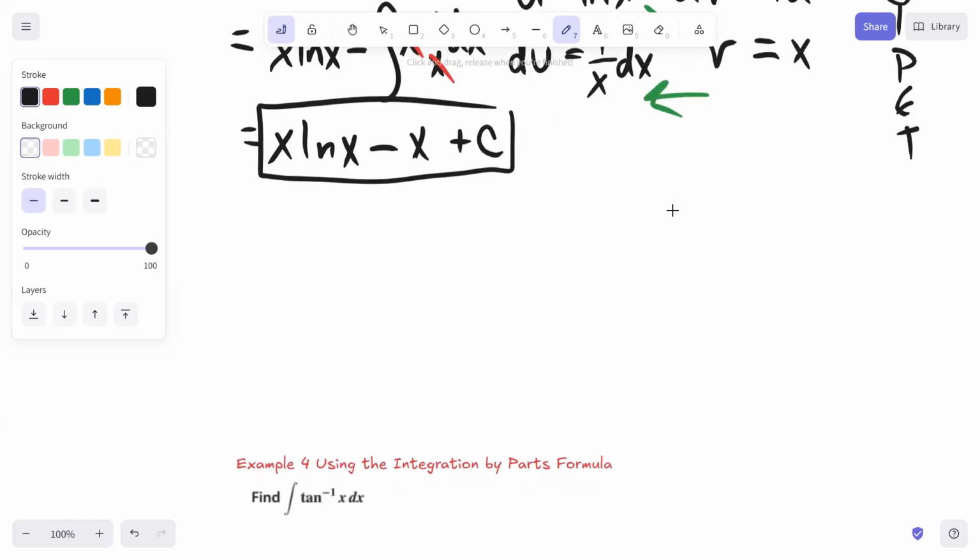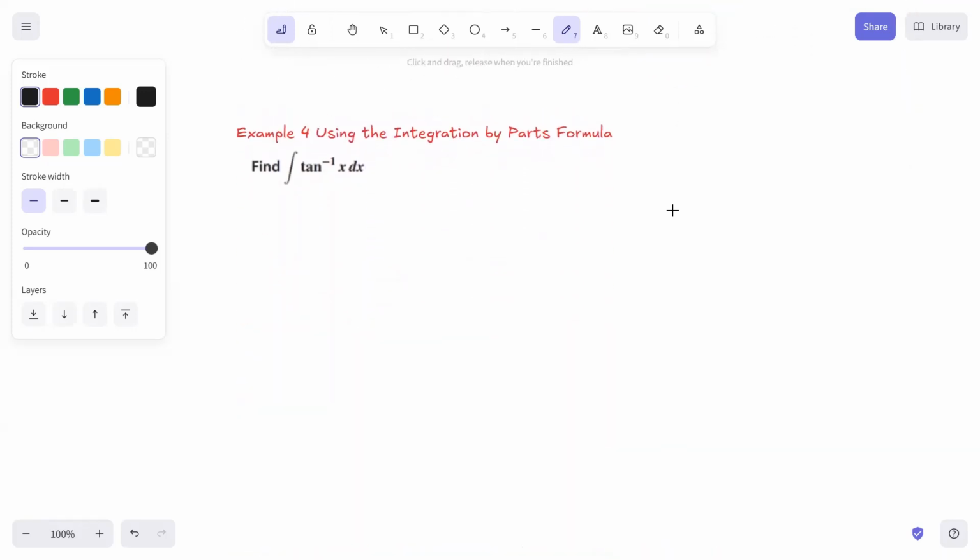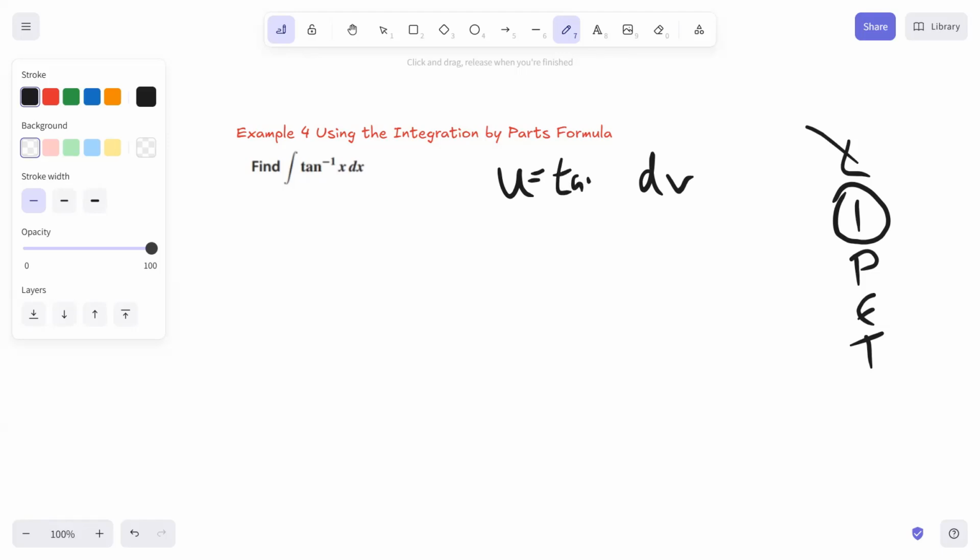So the next one we want to look at is integrating the inverse tangent function. Going to do a similar thing to what we did with integrating natural log. When we pick our u and our dv, we follow LIATE, L-I-A-T-E. We don't have a logarithm, but we do have an inverse trig function. So that's going to be our u, tangent inverse of x. And dv is just going to be dx.